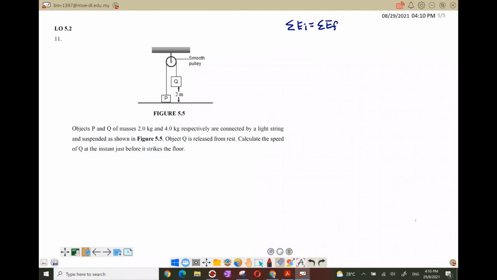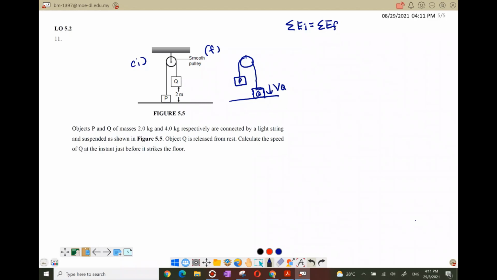Untuk jawab soalan ni, kita kena lihat objek P dan objek Q, initially dan pada final. So ini adalah initially. Okay, dan final ialah kalau saya lukis balik, bila Q dah sampai ke bawah, so P ni akan terangkat ke atas. Okay, kita nak tahu berapa speed of Q just before it strikes the floor.